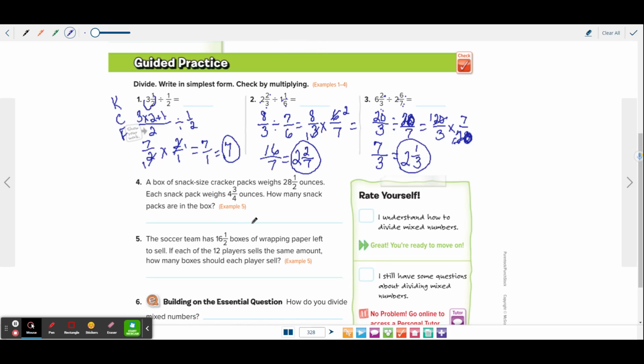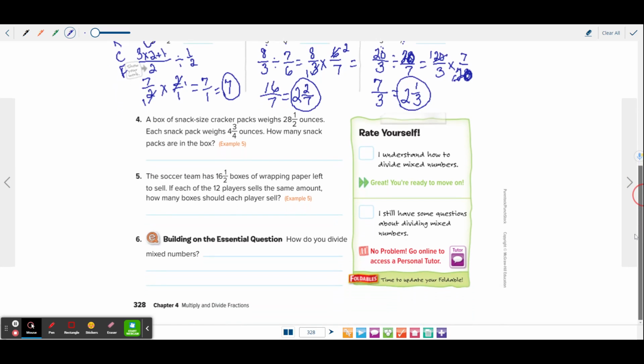Okay. Now, a word problem here. Let's try that. A box of snack-sized crackers weighs 28 1/2 ounces. Each snack pack weighs 4 3/4 ounces. How many snack packs are in the box? So we're dividing. Just right here is where I can start. Okay, so 28 1/2 divided by 4 3/4.